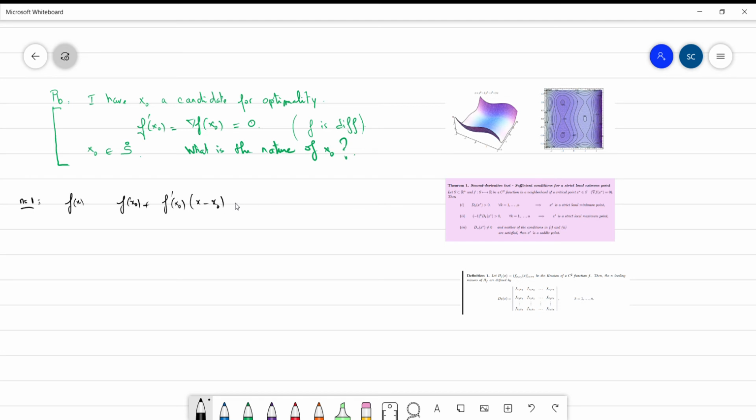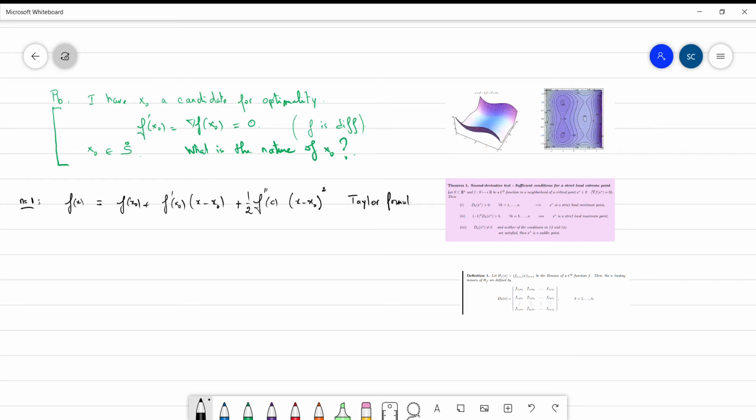Let's stop at degree 2, so we write plus f second at c, an intermediate point c, over 2, so half, times (x minus x0) power 2. This is what we call the Taylor formula.